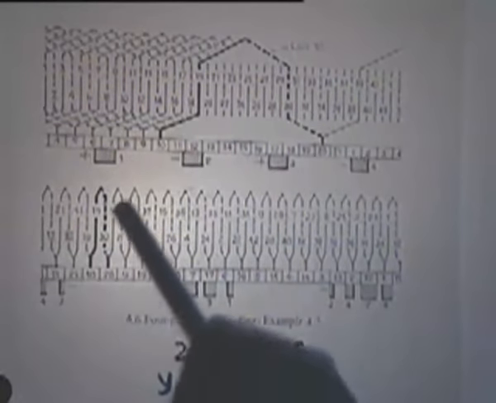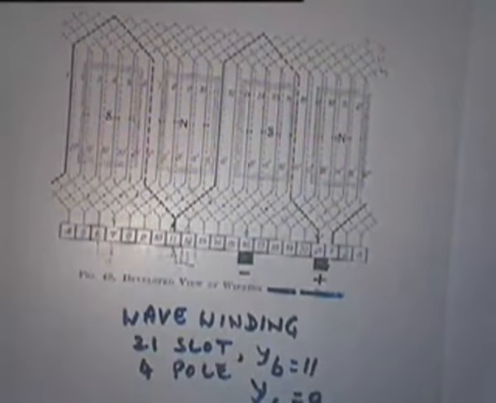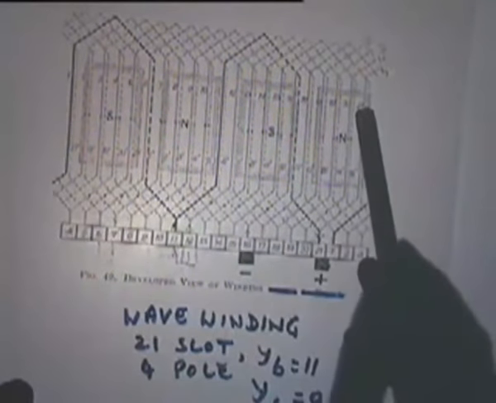That means if one traces the current paths and voltage paths clearly, one can see where the brushes have to be connected. So the same arrangement is shown by a complete diagram of a 21 slots, 42 coil sites, 4-pole system. This is under the south, north. So the voltage induced under the south pole is here shown to be upwards, north downwards like this.